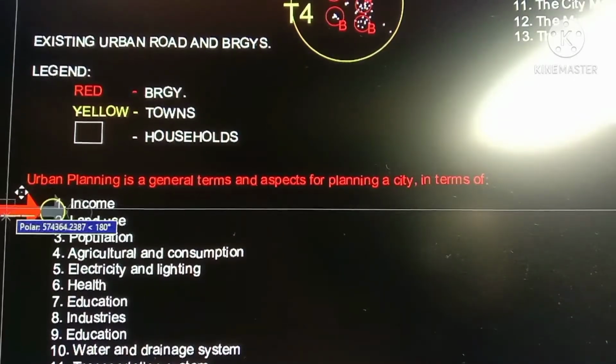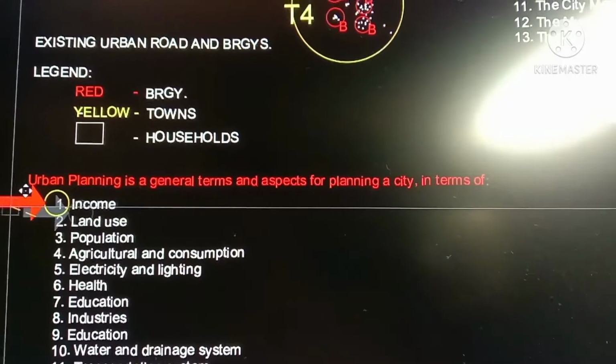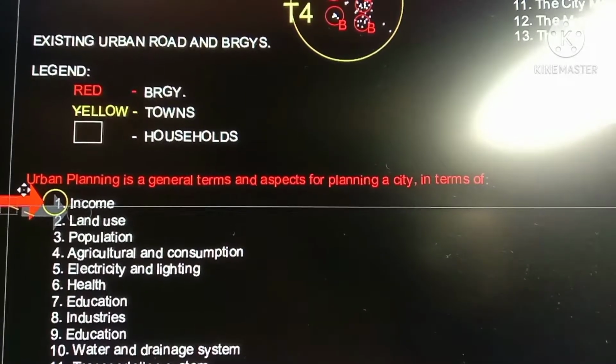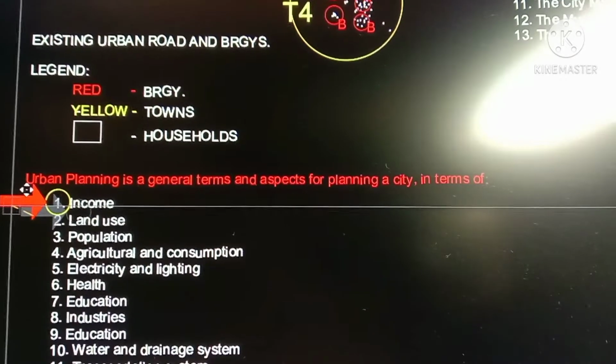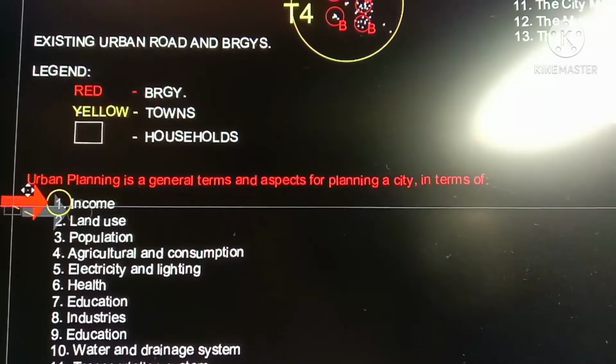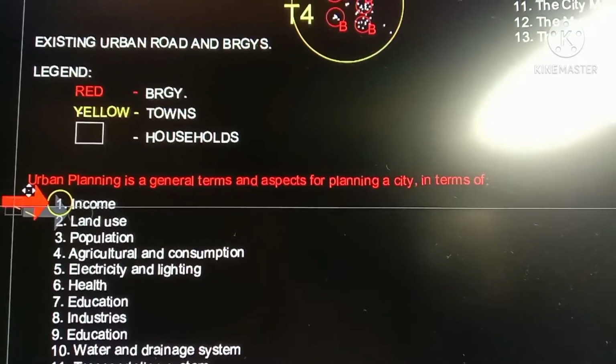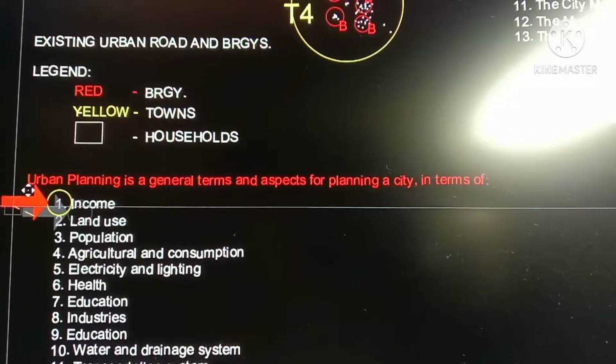Why do we need income? Because the people living in the city, and this is a city, there are no farms. So most of the inhabitants of the city have an income, whether they have their own farms at home or in the fields, or they are working with certain companies in the city. That is how the people will live if there is a specific income.